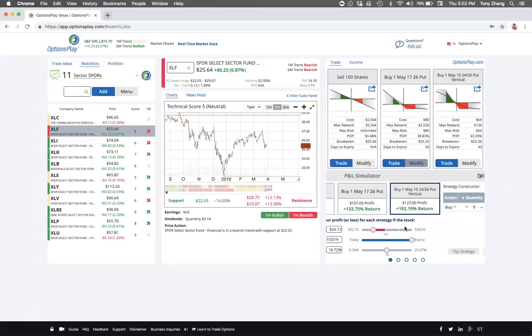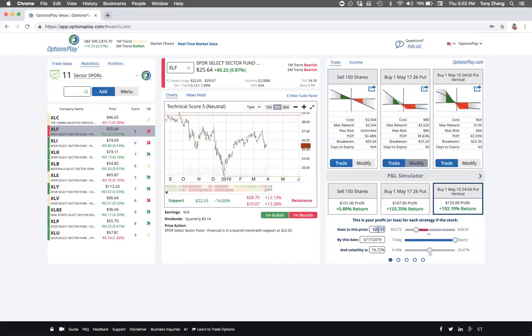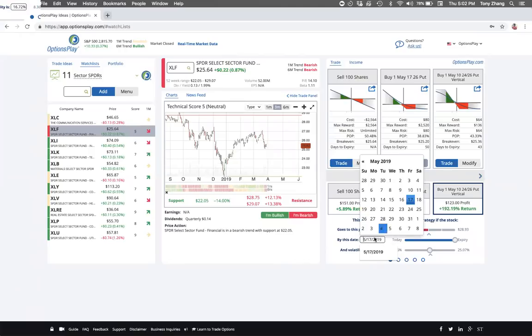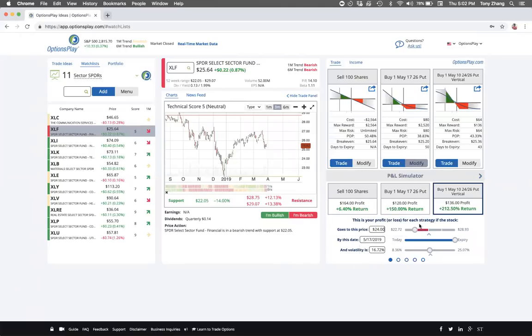So very interesting trade in my opinion. Even if I think that it's going to go down to $24 by May, which I think is a fairly conservative target if things really head south for financials, if it moves down to $24 by expiration, that's a 150% return.